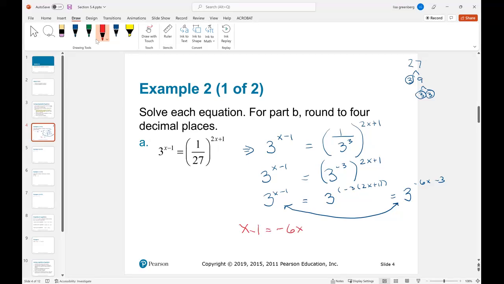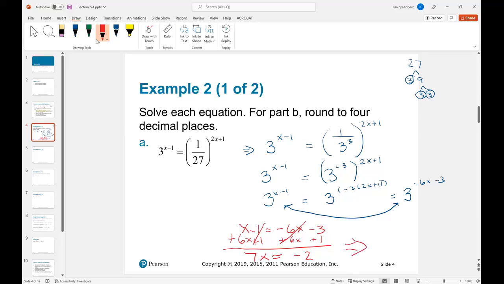So I'll add 6x to both sides, and at the same time, I can add 1 to both sides. This becomes 7x, the 1's cancel, equals, and the minus 6x and plus 6x cancel, and I get minus 2.